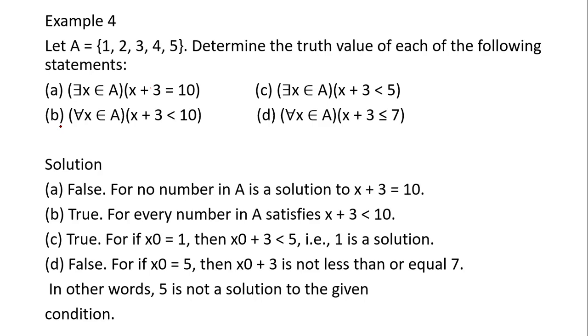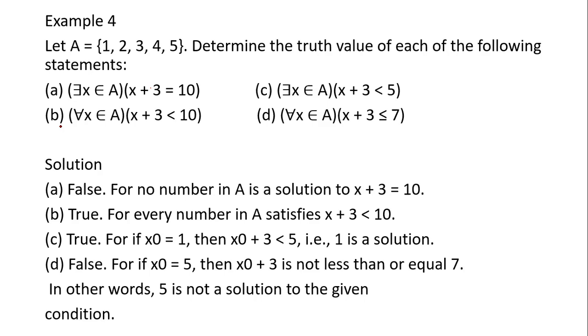B. For all x belongs to the set A, x plus 3 is less than 10. For all. So if x is 1, we have 4, which is less than 10, true. x is 2, 5, true. x is 3, 6 is also true. And x is 4, 7 is also true. And x is 5, 8 is also true.